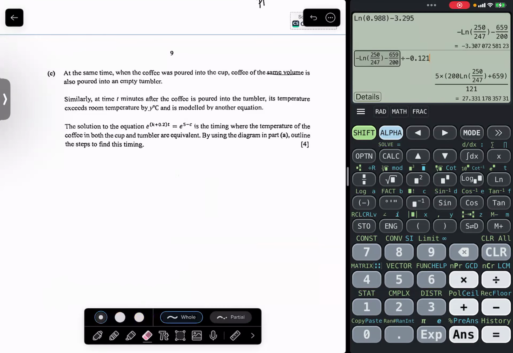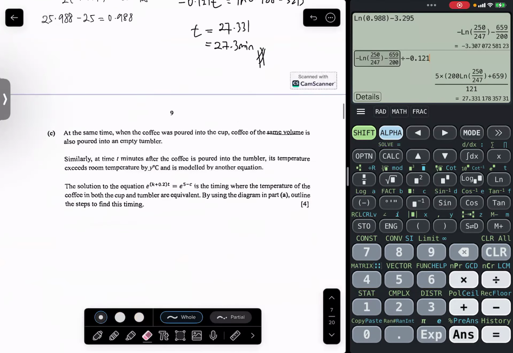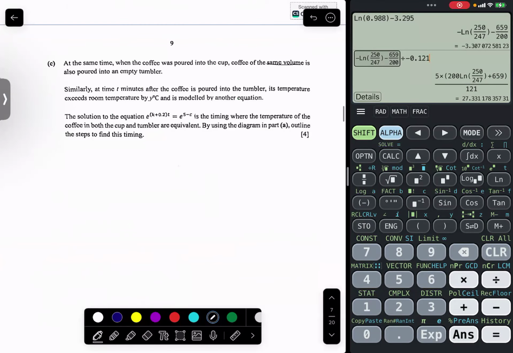The solution to the equation e^(k+0.2t) equals e^(5-c) is the timing where the temperature of the coffees in both cups are equivalent. By using the diagram in part A, outline the steps to find this timing.